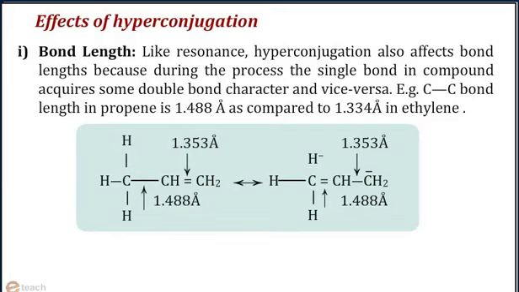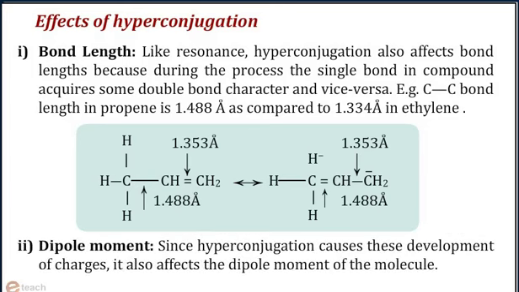Example: the C-C single bond length in propene is 1.488 angstrom as compared to 1.334 angstrom in ethylene. The second one is dipole moment. Since hyperconjugation causes the development of charges, it also affects the dipole moment of the molecule.